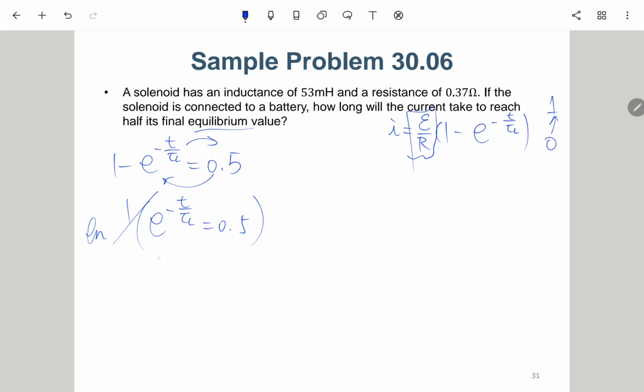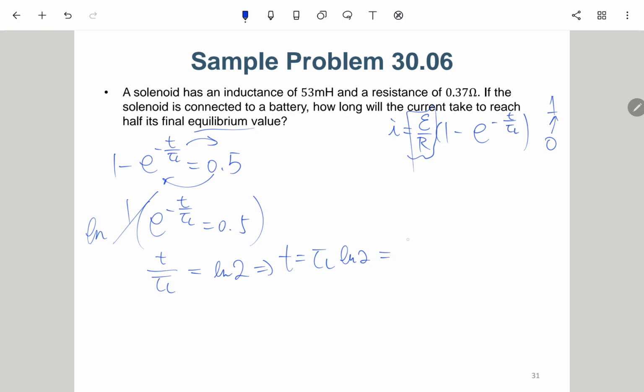On the left side we have t over tau L, because one over the negative exponent becomes a positive exponent, and the log cancels the e. On the right side, the reciprocal of 0.5 is 2, so it is the natural log of 2. So t equals tau L times ln 2.